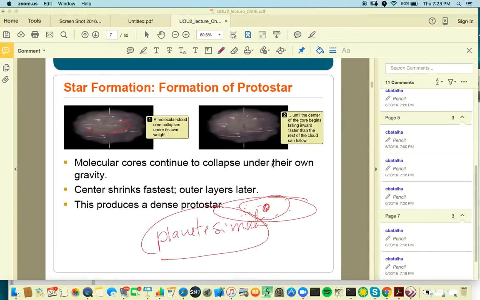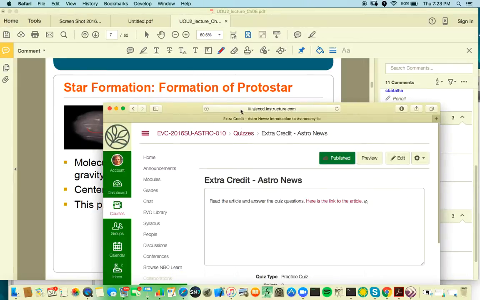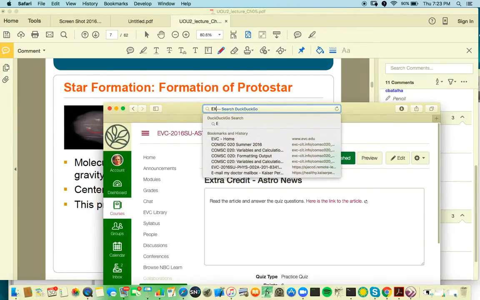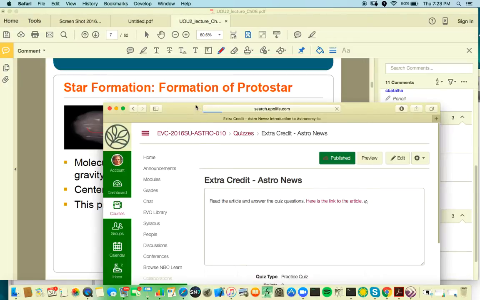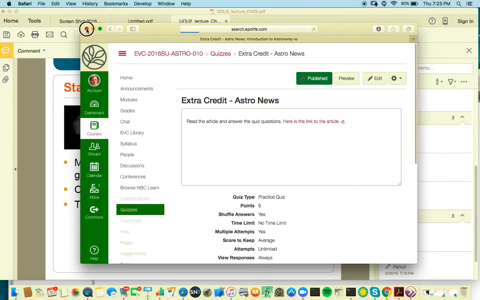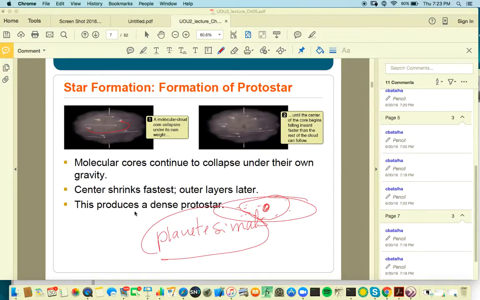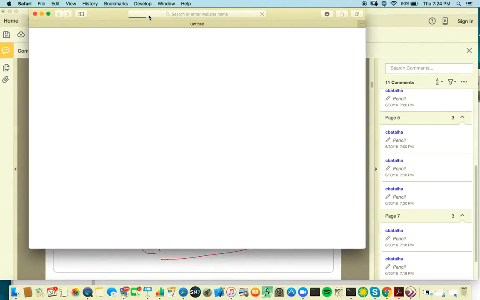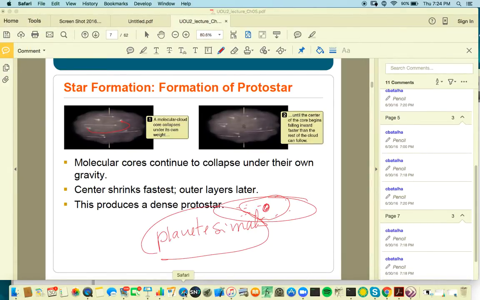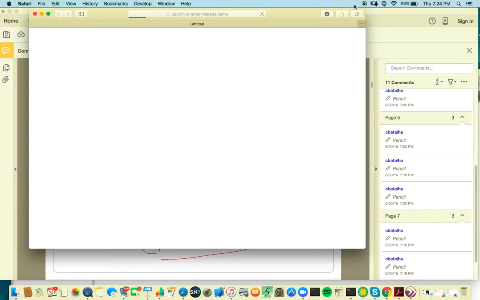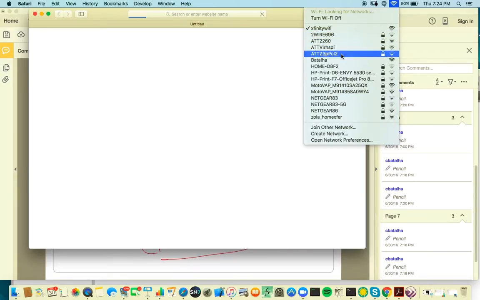Well, I'm taping this, so it's going to be saved. But let me see if I can now show EX Lupi. Did I lose internet connection? No, I have internet connection.